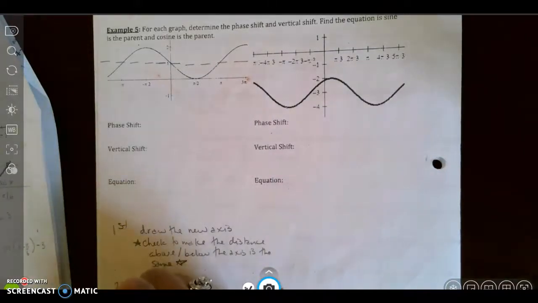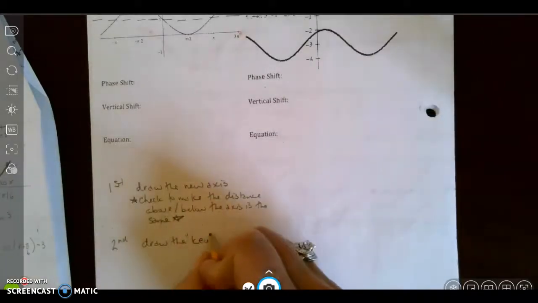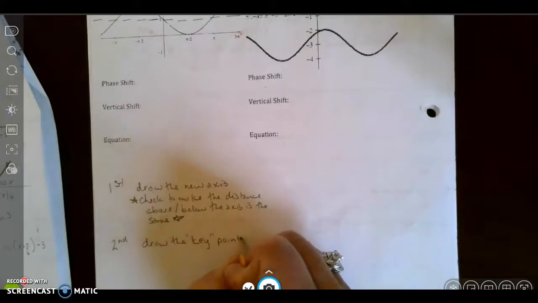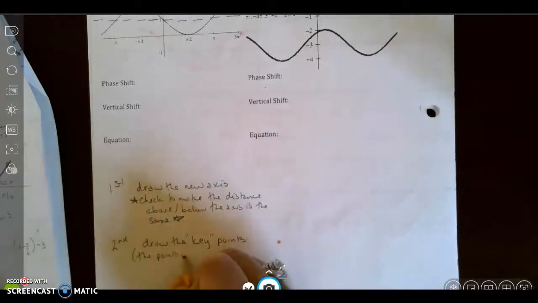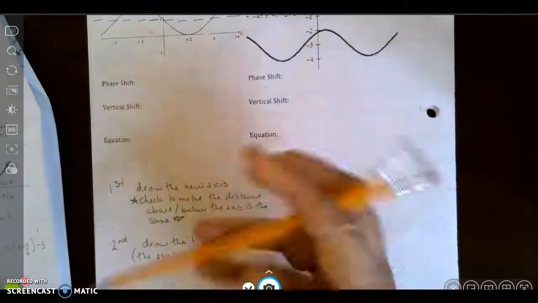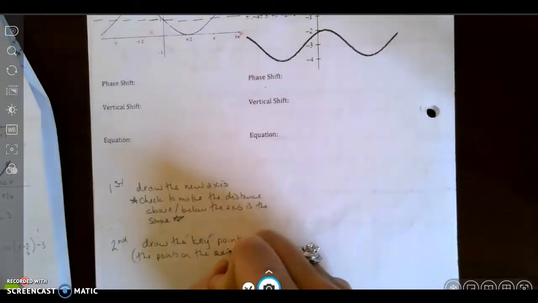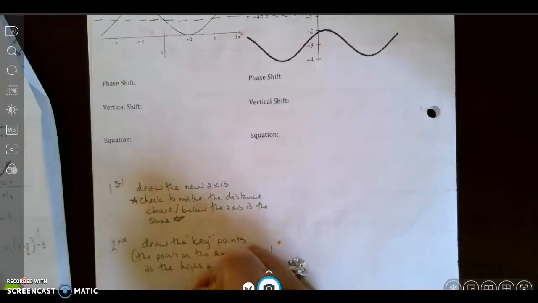My second step is going to be to draw the key points. The key points are the points on the axis as well as the highs and lows.